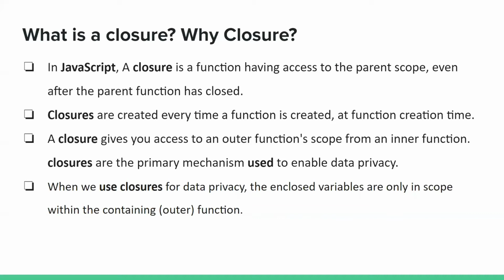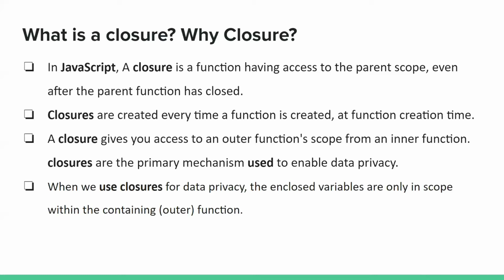It gives you access to an outer function scope from an inner function. Try to understand, guys: if you have a function, and inside that function you have another block of code, inside that block of code you can use variables defined in the outer scope. So basically this is a closure.